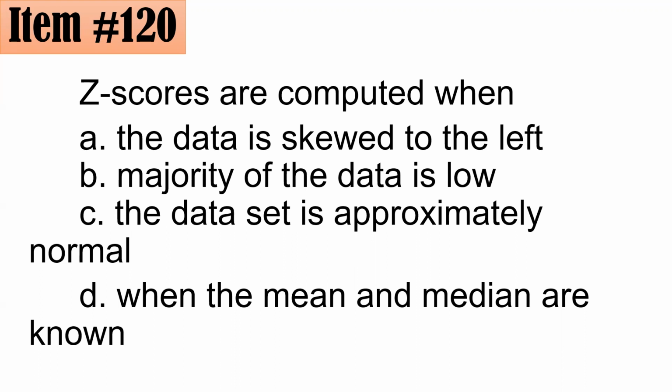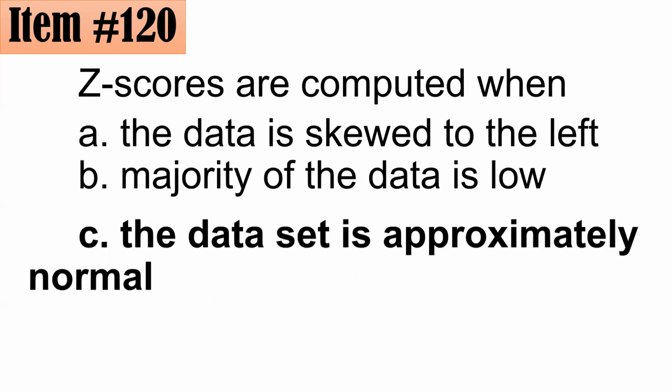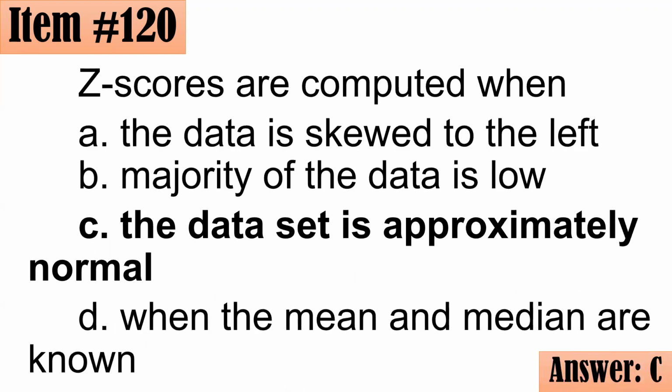You should know that you can use z-scores or compute that when your data is approximately normal. If your distribution is skewed, meaning to say it's unbalanced, or if it does not approximate a normal distribution, then usually z-scores are not computed. Z-scores are standard scores, by the way.